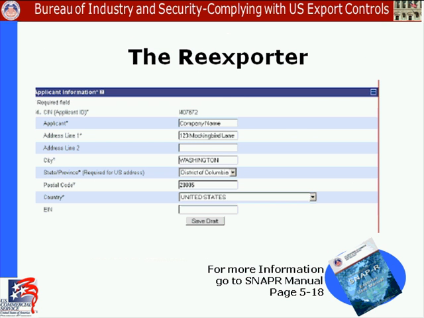And as you get into the SNAP-R system, this would be the screen that comes up for the re-exporter. This would be the information we would need here at BIS, Bureau of Industry and Security, in order to review the transaction and be fairly certain there are no concerns with either the customer, their location, and what they plan to do with the item.